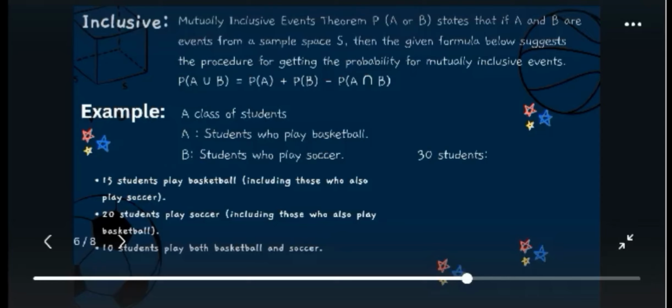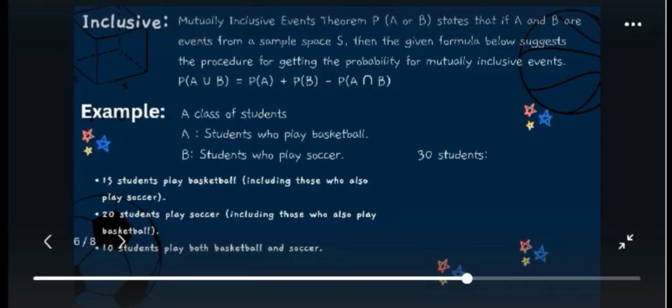In a class of students, we're interested in two events. Event A is a student who plays basketball, and event B is a student who plays soccer. Let's assume that some students play both basketball and soccer, meaning these events are not mutually exclusive.